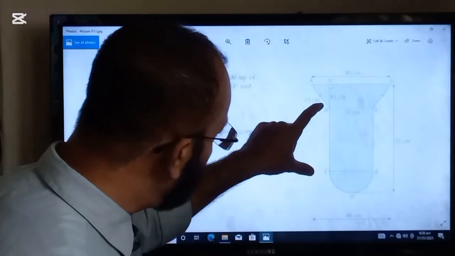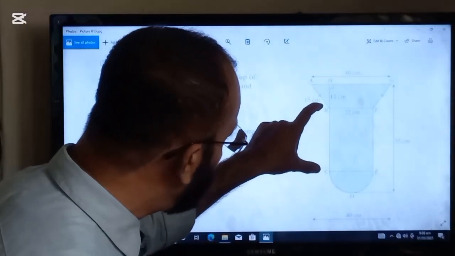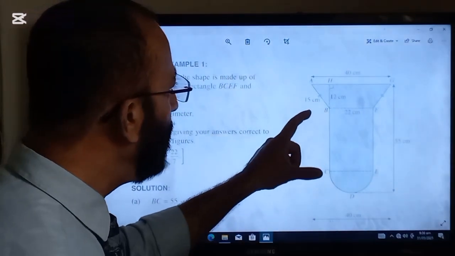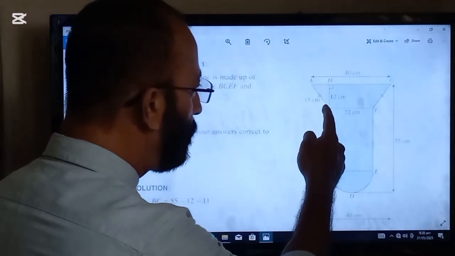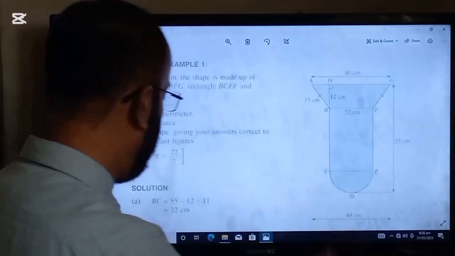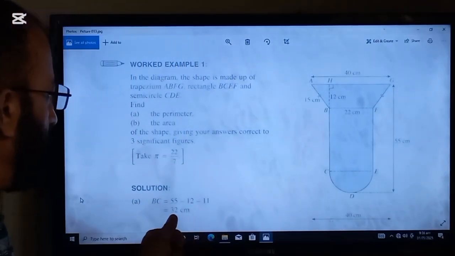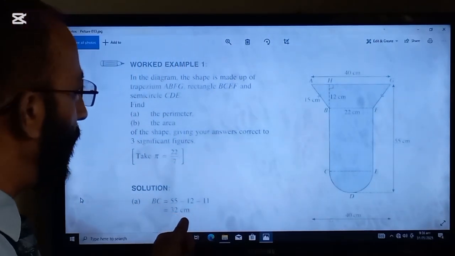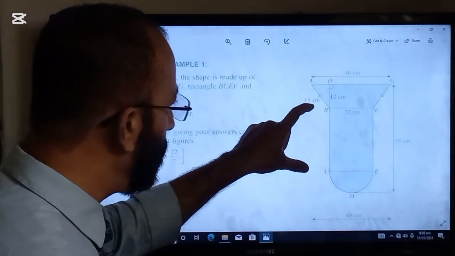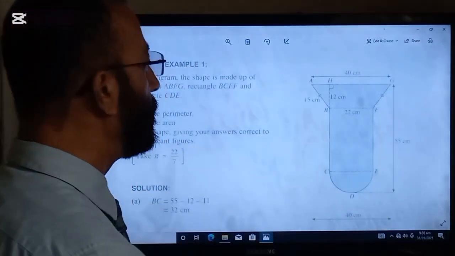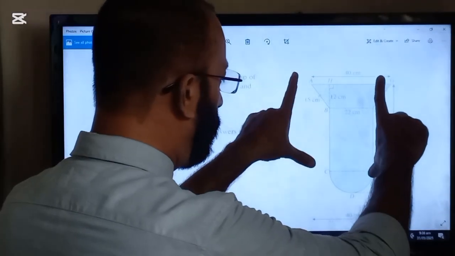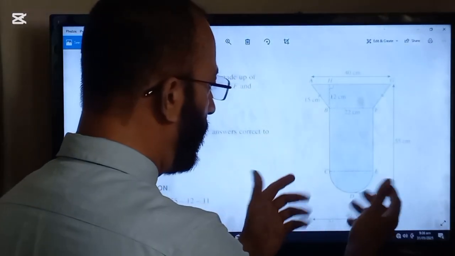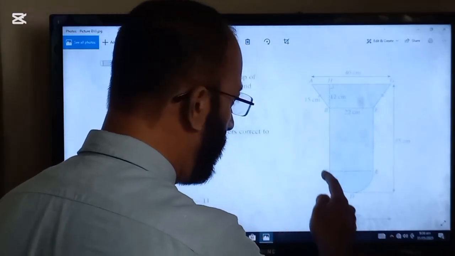So now we are going to find the length of BC. BC will be equal to 55 minus 12 minus 11, like this. So this is the length of BC, that is 32. If BC is 32, this will also be 32. Up to here, from all top parts we have the lengths. Now the only part missing is the curved part.